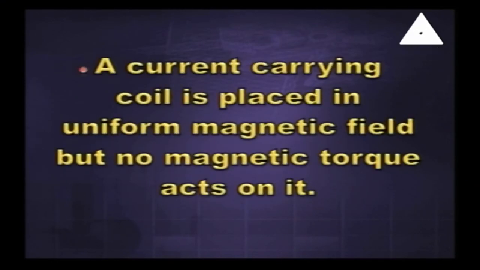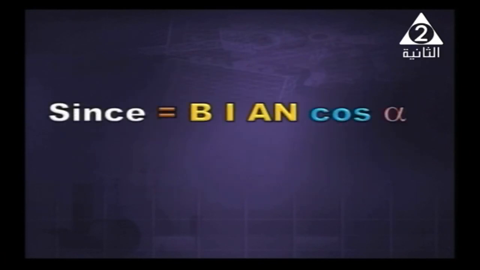Give reason: a current carrying coil is placed in a uniform magnetic field, but no magnetic torque acts on it. This happens in the vertical position. Torque is given by the expression BIAN cosine alpha.